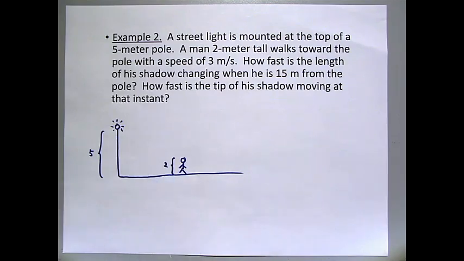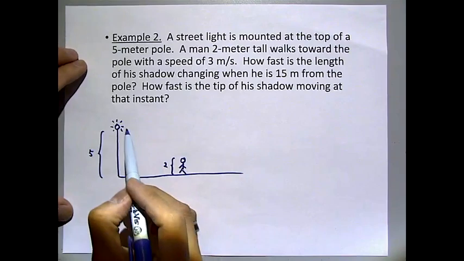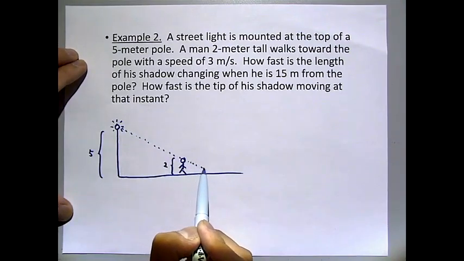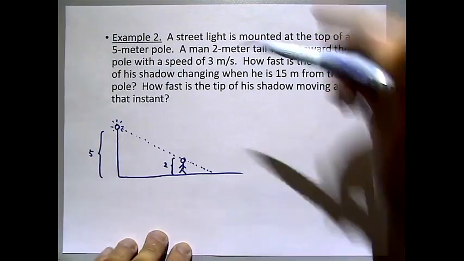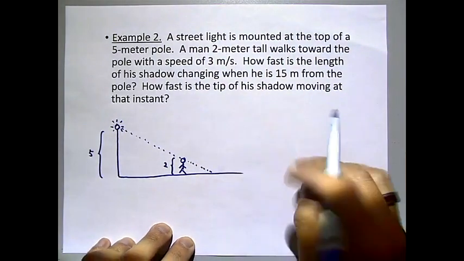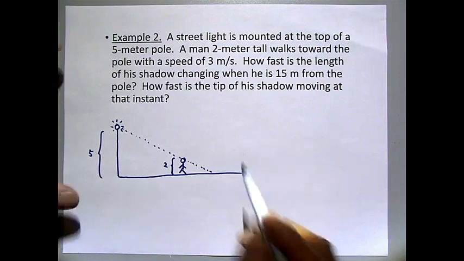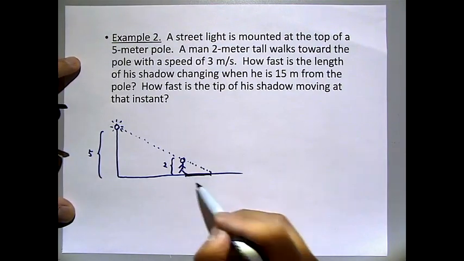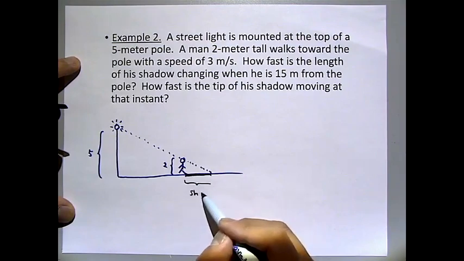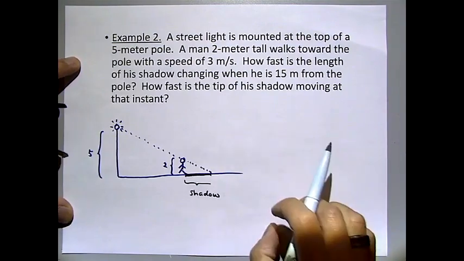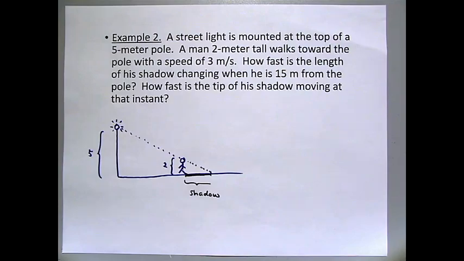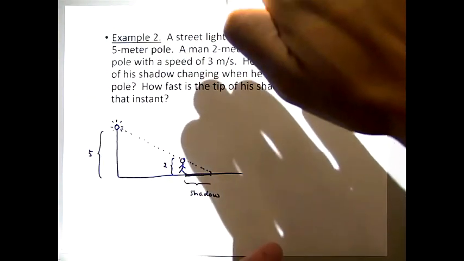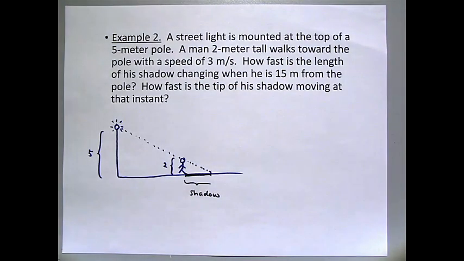So if you draw a line from the light past the tip of his head, then this portion right here will represent his shadow. Right? That's what shadow is. Light cannot get past something. Look at my hand here. Light cannot get past it, so there's a shadow. Shadow is behind this guy.